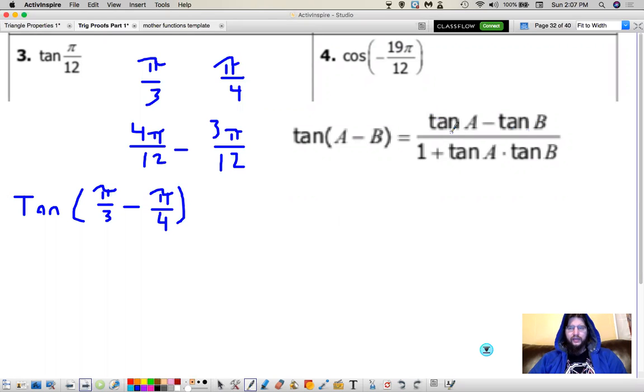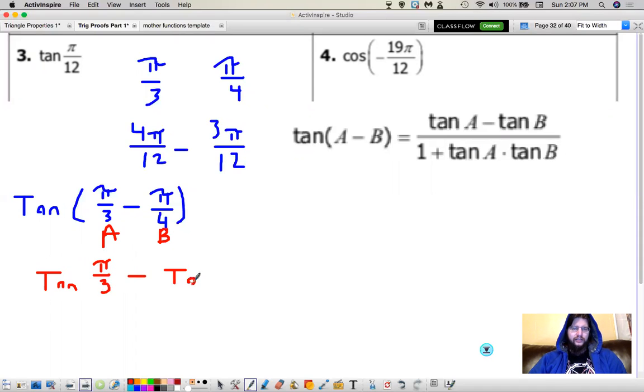Okay, so tangent of A minus tangent of B. So this is going to be our A. That's going to be our B. Again, don't worry about the negative sign. So that's tangent pi over 3. I do want you to write it out in the formula before you actually start plugging in the values.